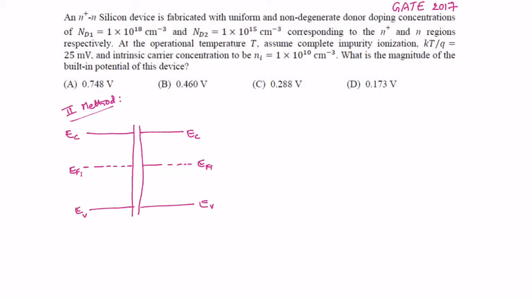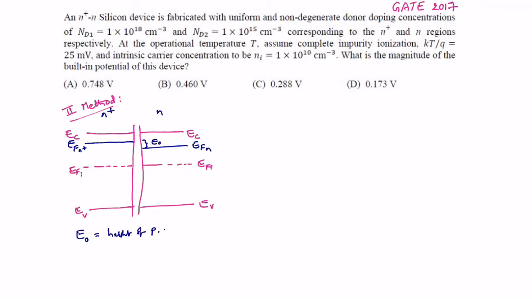Now n plus side is heavily doped compared to n side, so this will be more towards EC. So this you can write it as EFN plus, and it is lesser. This is EFN. Whatever the difference you are going to get, that is called as E naught. E naught is the height of potential barrier.